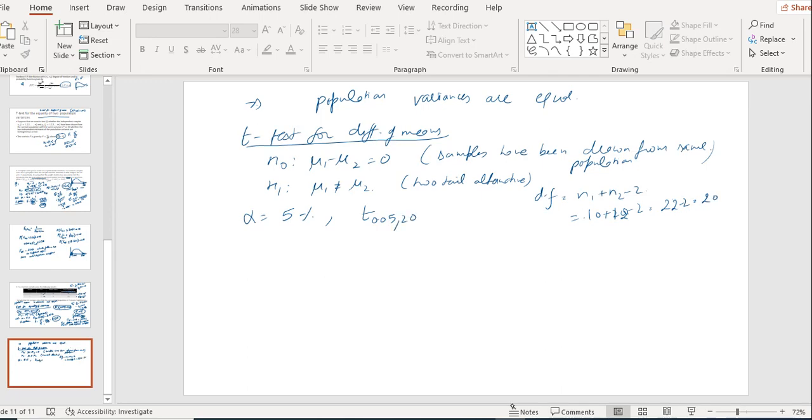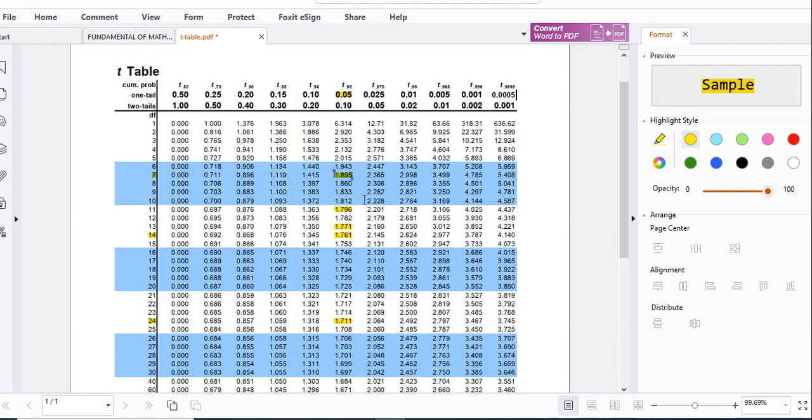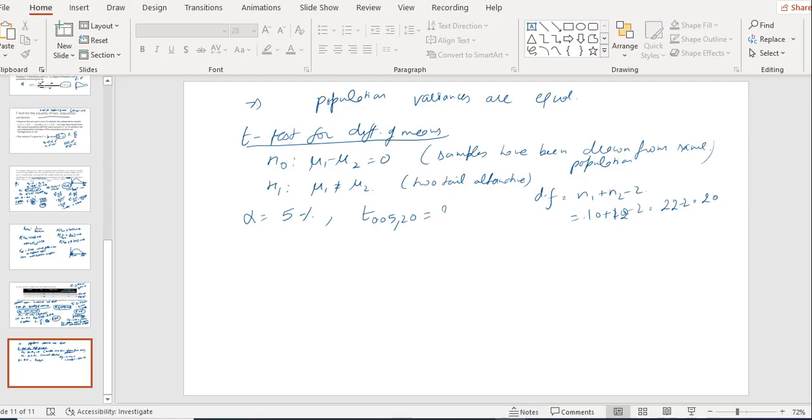So we need to check the value of t, two tail, 5% and 20 degrees of freedom. Its value comes out to be 2.086. Okay, so what is the test statistic in this case, or t statistic?